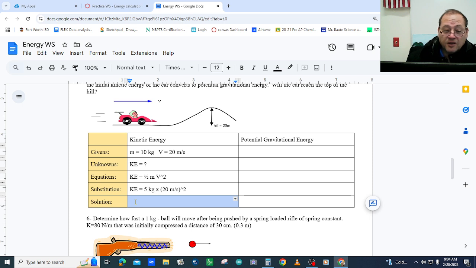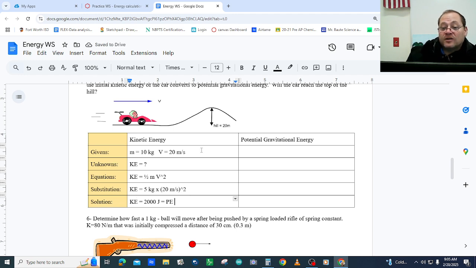So the kinetic energy here will be 2,000 joules. And that is the amount of potential energy that the car can get. Okay?